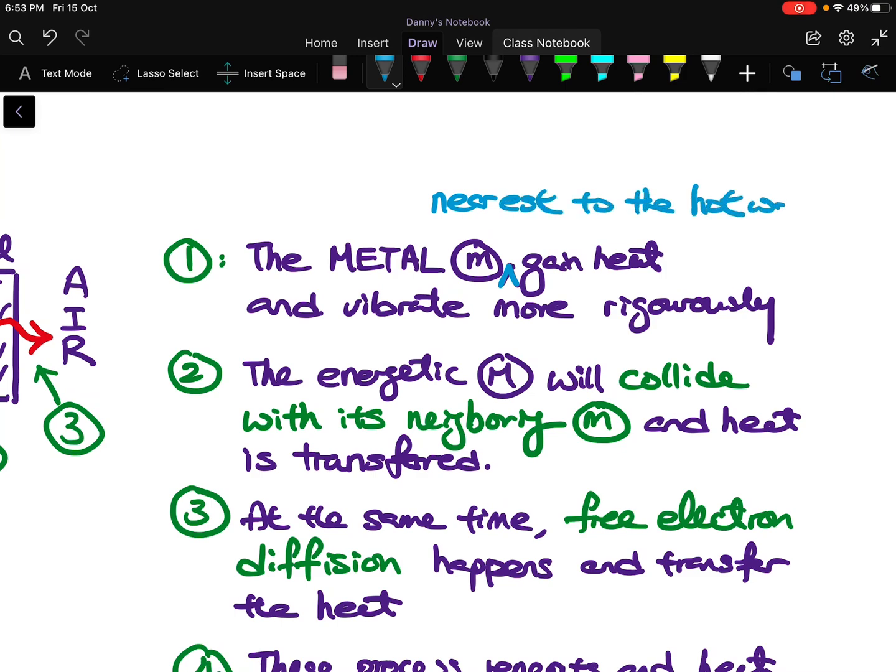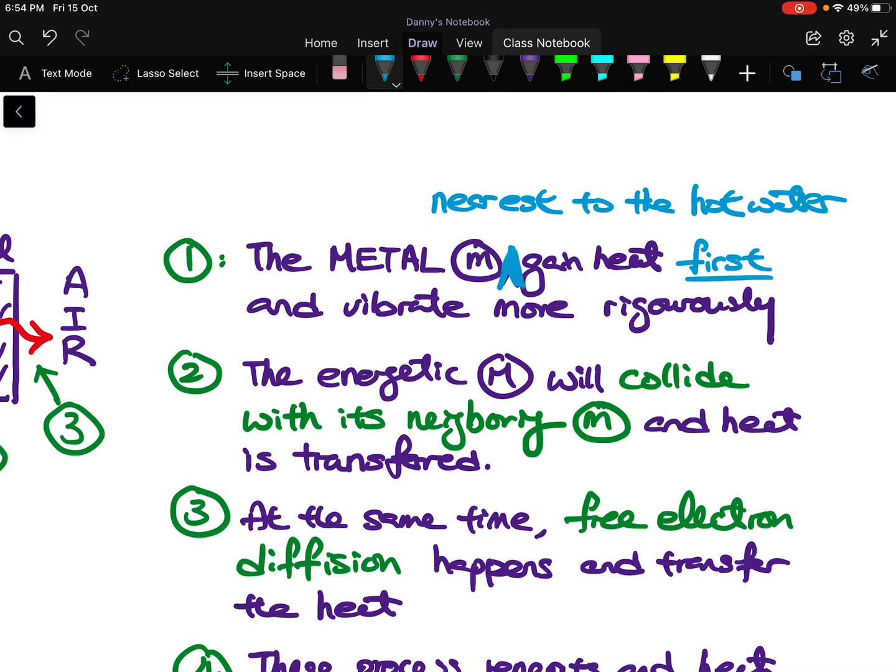So you need to identify where this entire process starts, because you are describing a process. When you describe a process, you need to talk about the beginning of the process, right? So it begins at the metal nearest to the hot water, which will gain heat, and in this case we must identify it first, right? Because that is the start of the process.